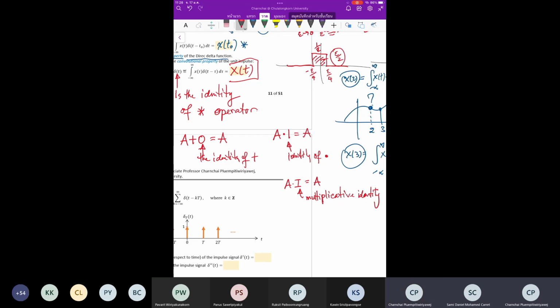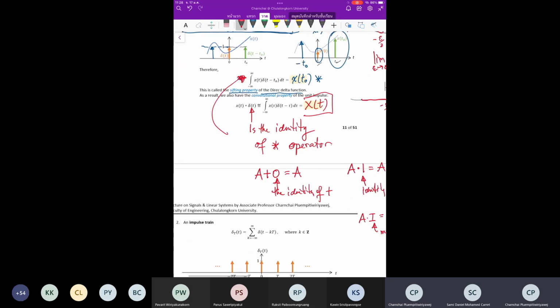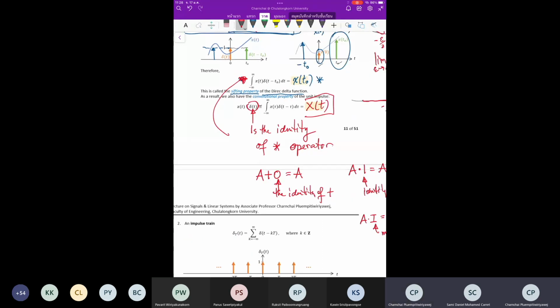So the identity for the convolutional operator is delta t. Delta t convolved with any signal, you get that signal back. It's that easy.